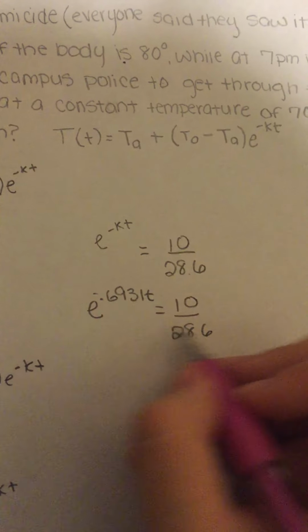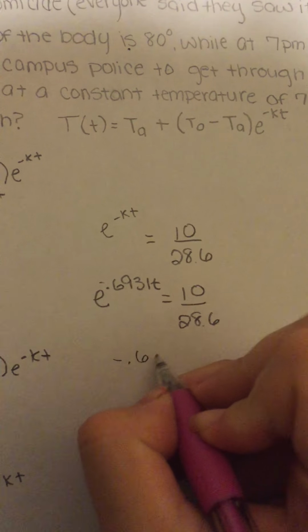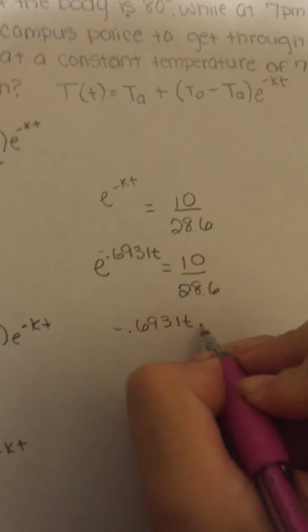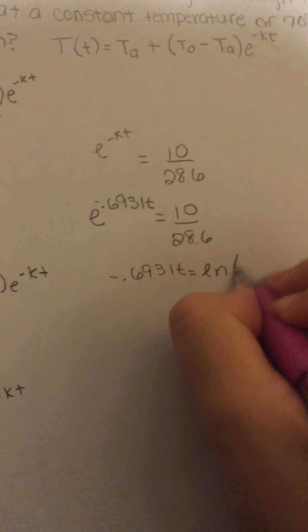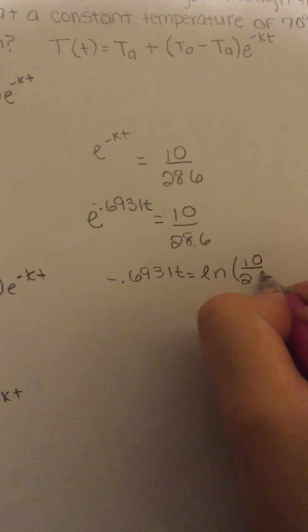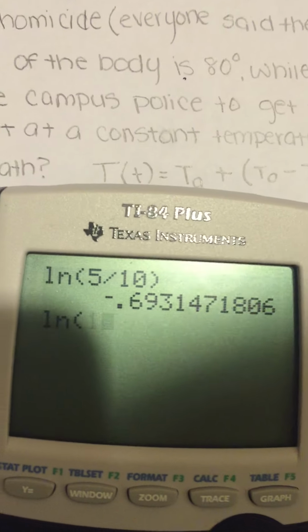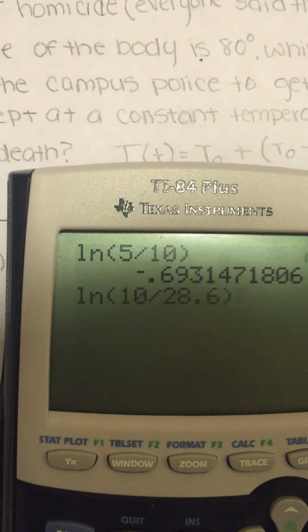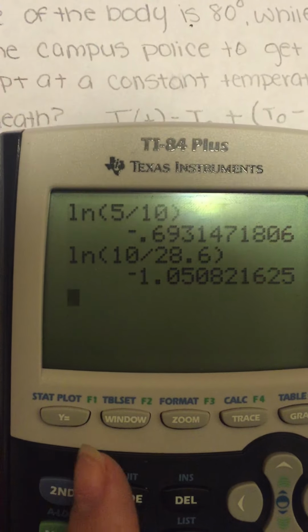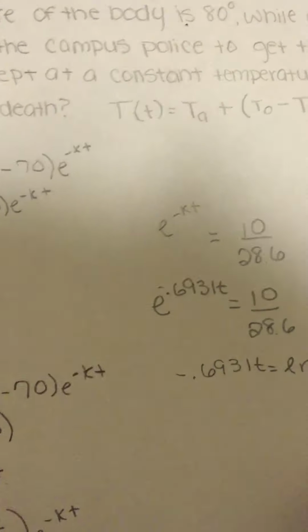Now I am going to replace e with ln. And I am going to put ln of 10 over 28.6 into my calculator, and it gives me negative 1.05.